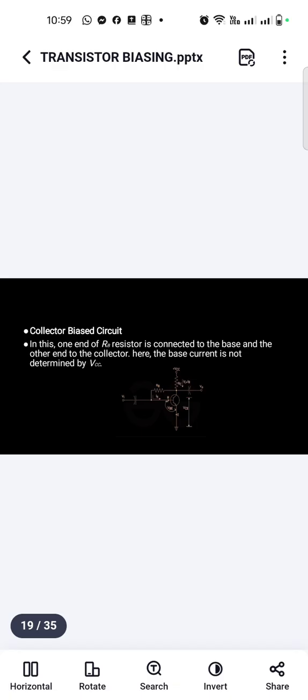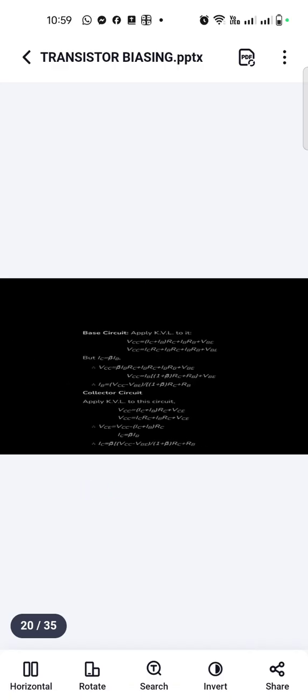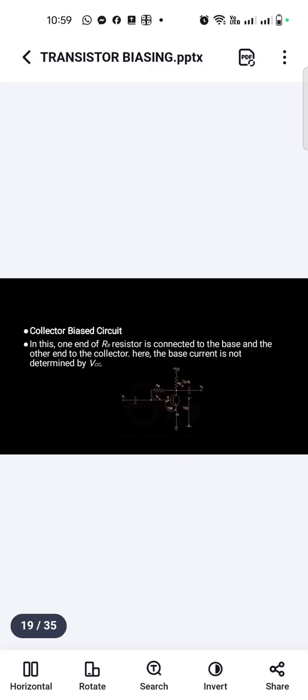Now apply here also to find that value. How will you find it? Apply KVL to the base side. So applying on the base side, VCC minus IC into RC, that is, two currents flow through this RC resistor.